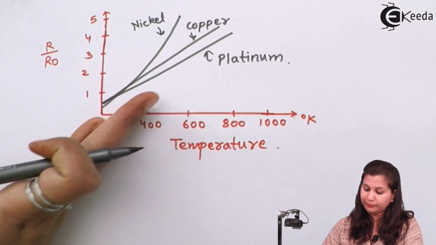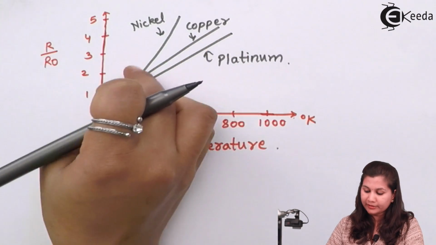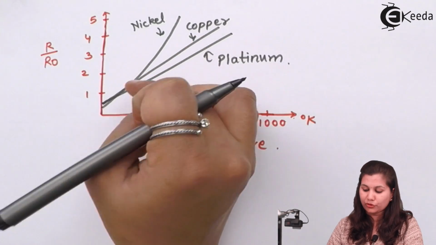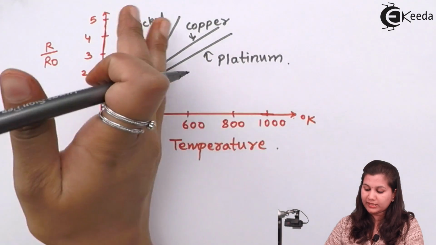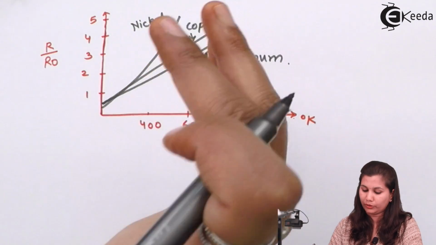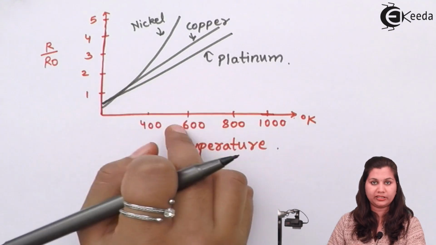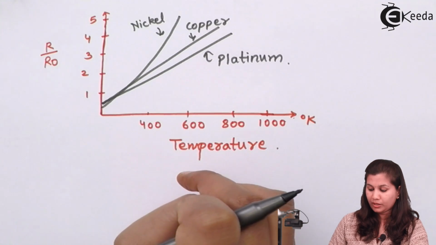You can see that for platinum we get an almost linear relationship. For nickel it is non-linear, and for copper it is also linear, but after the temperature increases it becomes non-linear. So platinum is most probably used because it has a linear relationship between the resistance and the temperature.